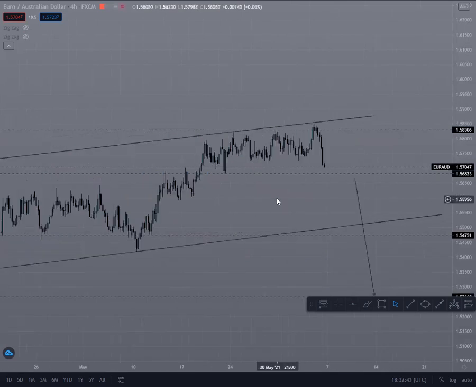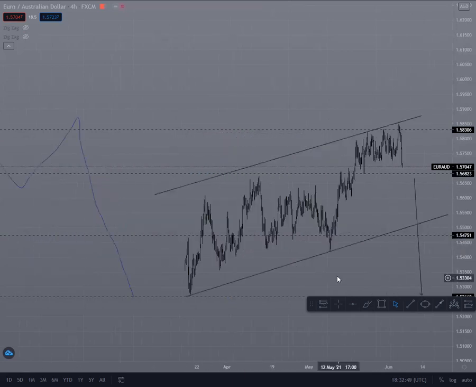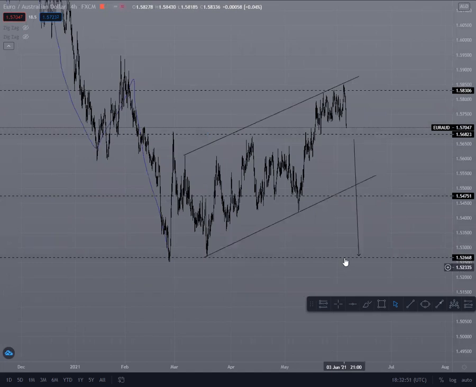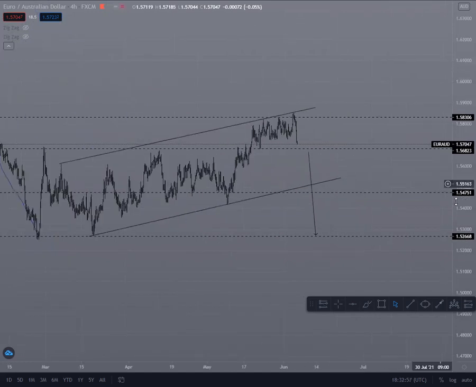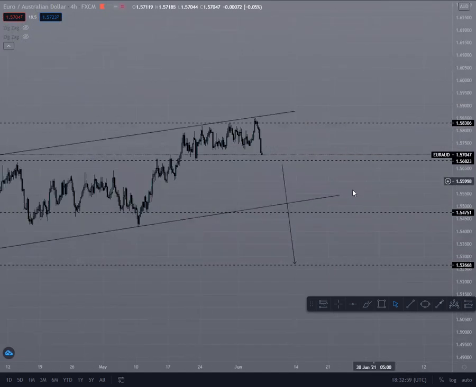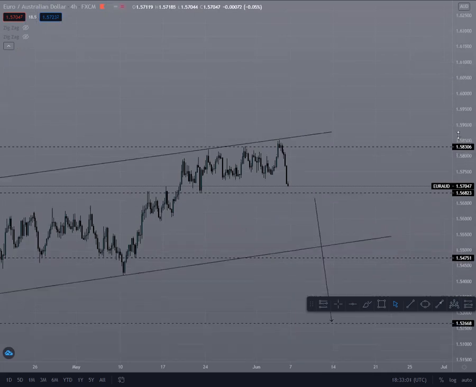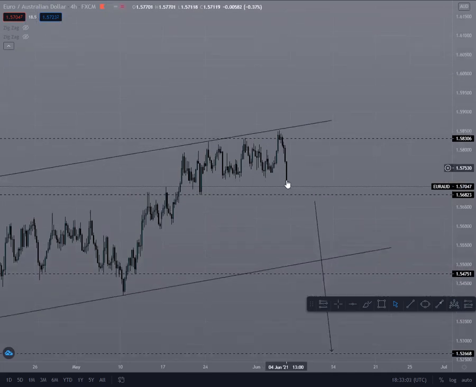So what I would do really is, because I have marked my first, second, and third, this being my entry point, this being my first TP, right? And this here being my last TP. But this will be my last TP only if I'm going to be holding for a lot of days. Remember, when we're on the 4-hour time frame, it simply means that each candlestick forms within 4 hours.